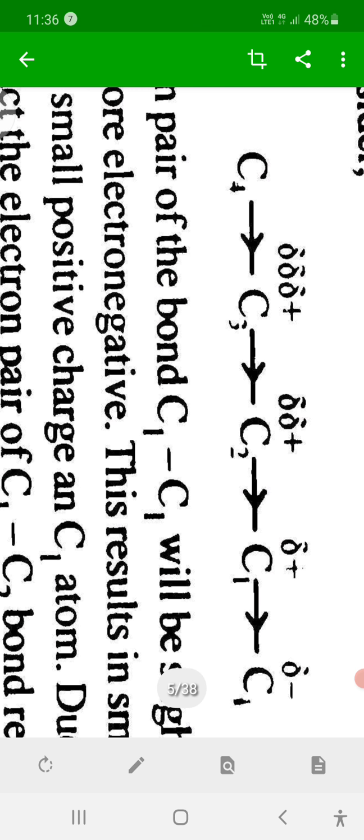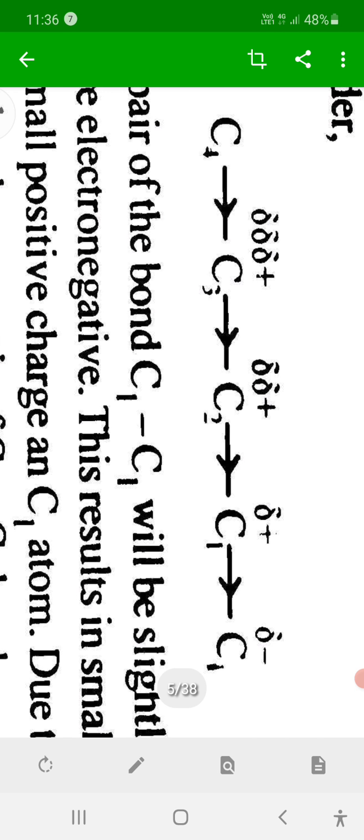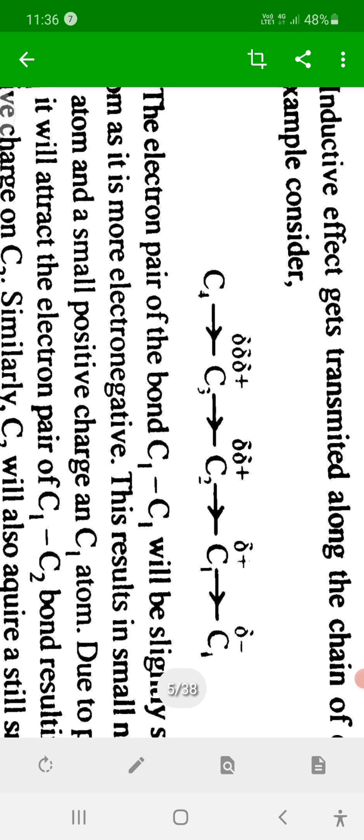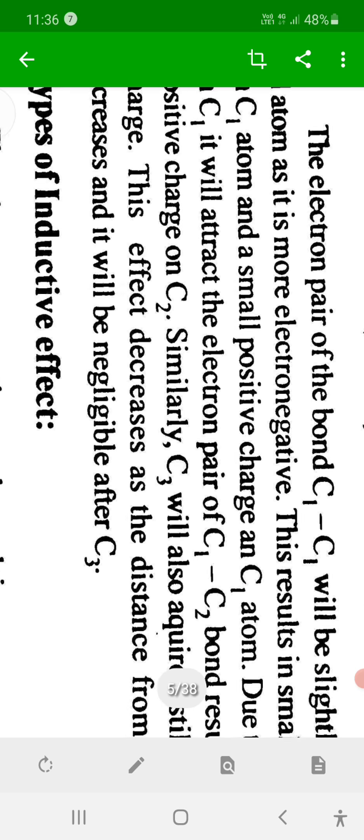That means on the C1 carbon the pulling effect is more, that is, the extent of the inductive effect is more at C1. At C2 it is slightly less. Then at C3 it is less than at C2. As like that, as chain length increases, the extent of the inductive effect decreases.